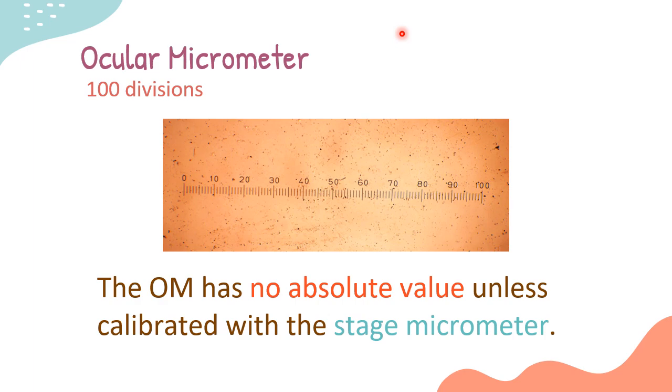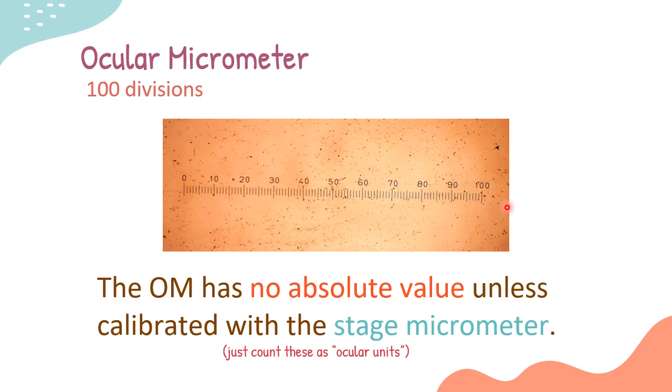This is how it looks under the microscope. When you're counting these lines, every small line, we just say in ocular units. This is 1 ocular unit, 2 ocular units, 10 ocular units, 20 ocular units. Since they have no absolute value yet, okay? They still need to be calibrated with the stage micrometer first before this can be effectively used.